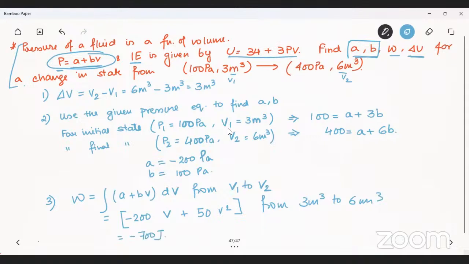Now, why have I written the work done like this? No one understood and no one asked me also.